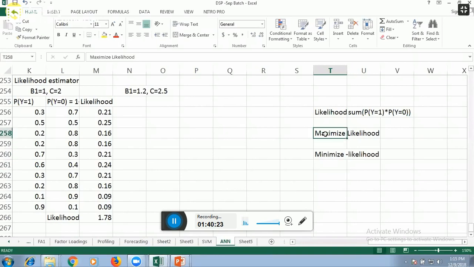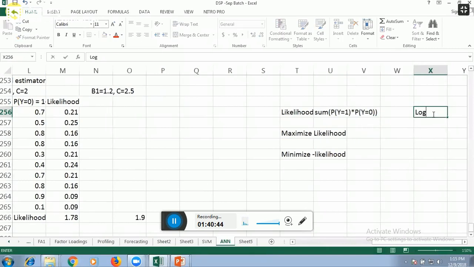The likelihood is always a positive value because it is made of probabilities, and the probabilities will be very small. So instead of taking a simple likelihood, if you take a log likelihood, the solution convergence will be faster.